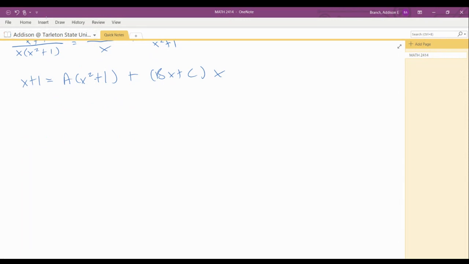So we're going to have to do another system of equations. Let's expand everything out to get Ax squared plus A plus Bx squared plus Cx.